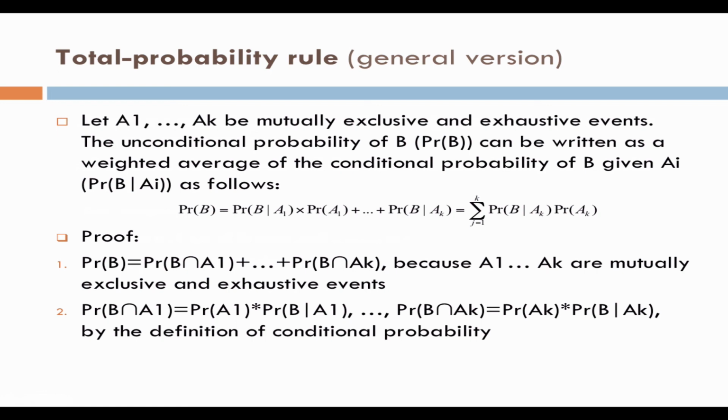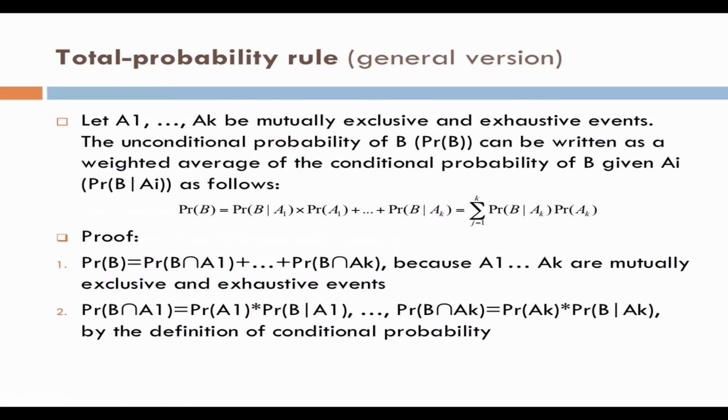What if you want to decompose the probability of B by more than 2 components? That is the general version. That means if you can find a series of events, the probability of B is basically the summation of those conditional probabilities multiplied by the probability of each condition happening.